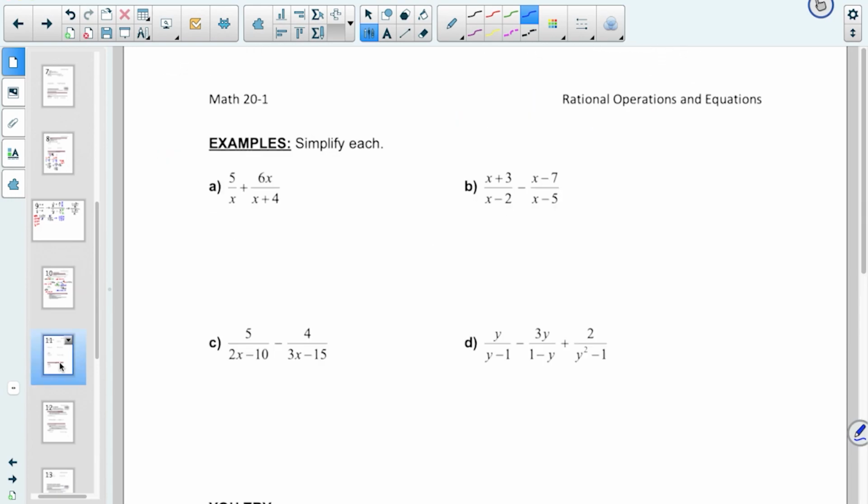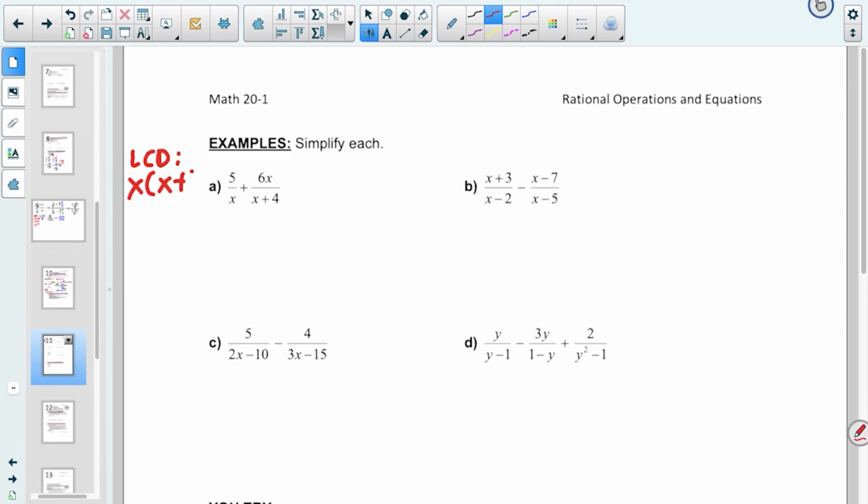So in that list of steps, we had NPVs near the bottom. I typically do like to do NPVs as early as possible just to make sure that I don't miss any. So in these first couple of examples, we'll work through a few together. We're going to first identify our lowest common denominator. So in this example, you'll see we have an x and then an x plus 4.